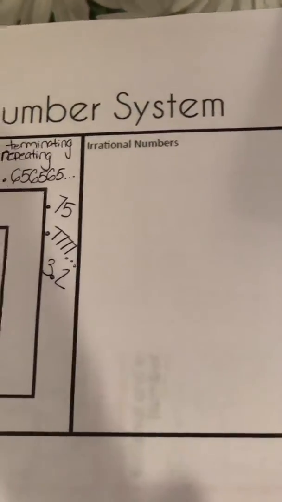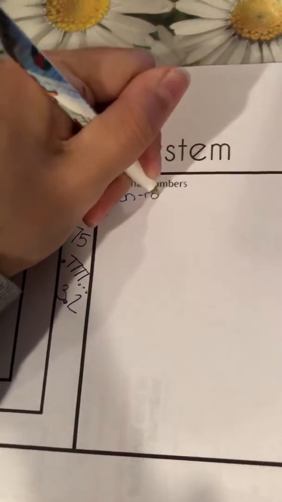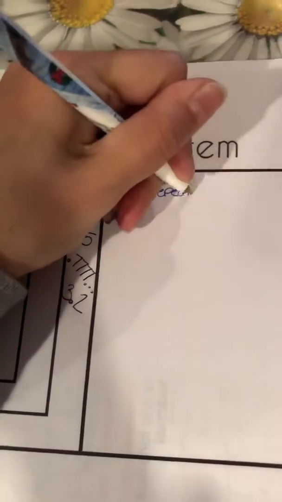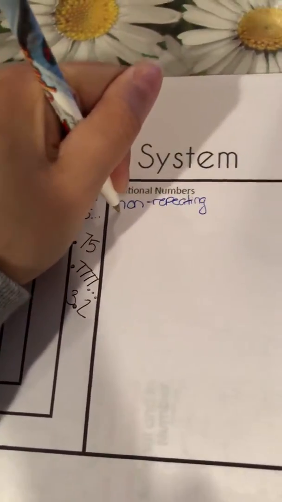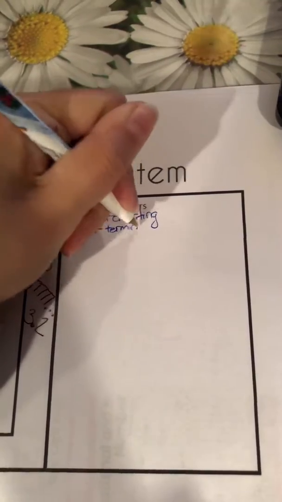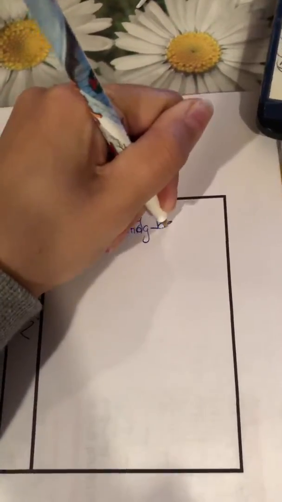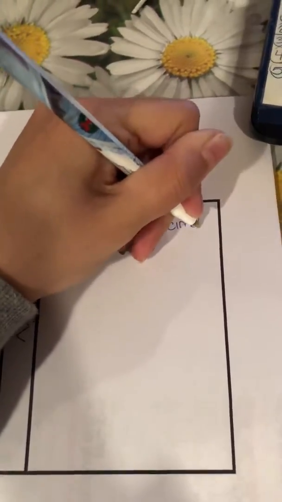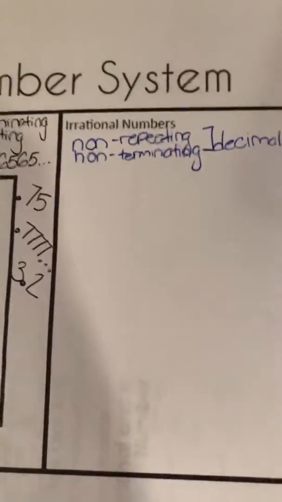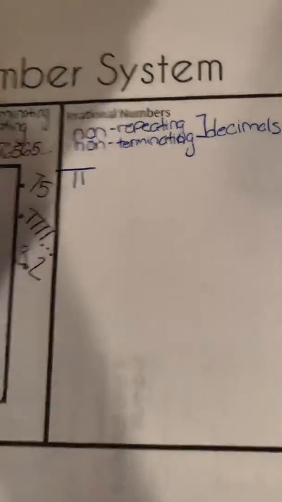Okay, the last type of number that we're learning is called an irrational number. An irrational number includes non-repeating, non-terminating decimals. An example of that is our very beautiful friend pi.